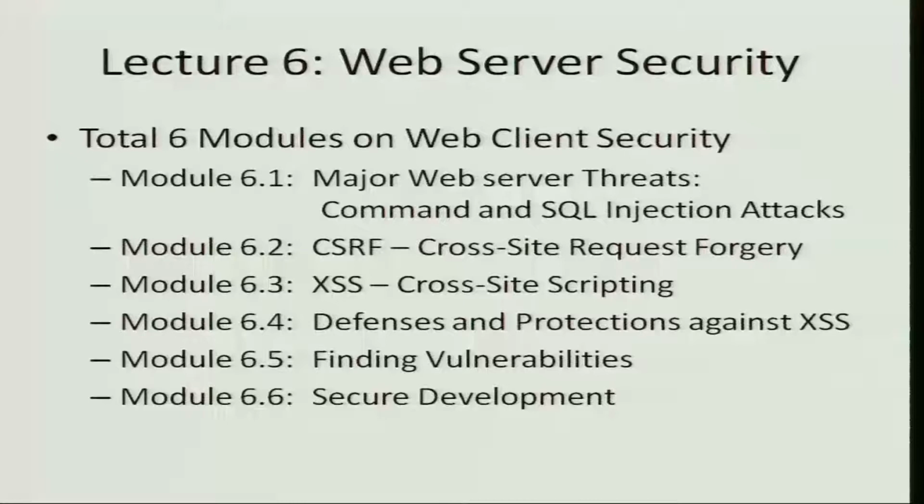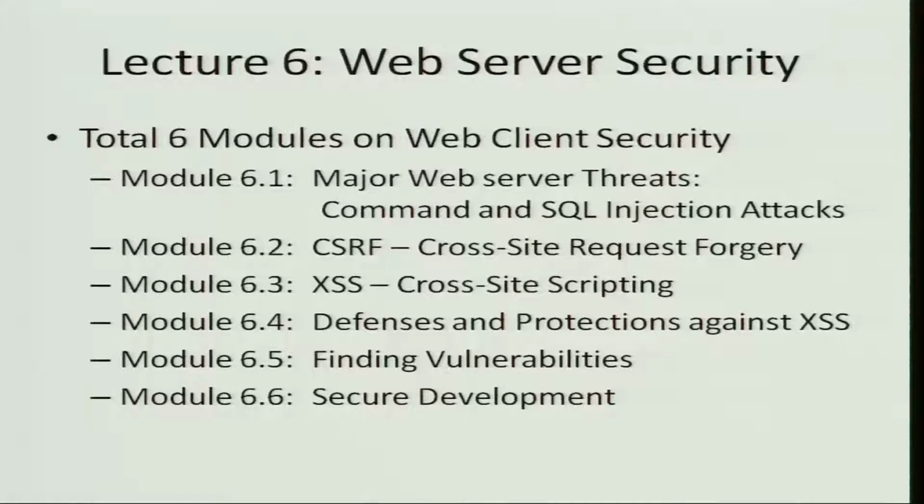So the first module is looking at the major web server threats, and one of the major threats is command and SQL injection attack, which we'll do in module 6.1. Module 6.2 will be on cross-site request forgery, and module 6.3 will be cross-site scripting. 6.4 will be defenses and protections against cross-site scripting, and then we'll talk a little bit about how to find vulnerabilities.